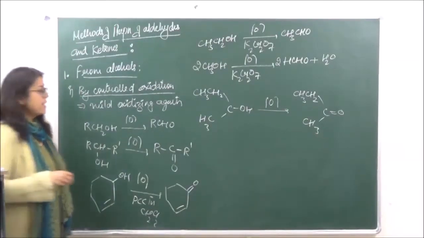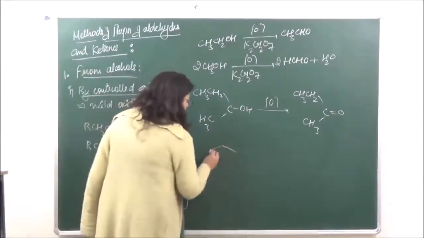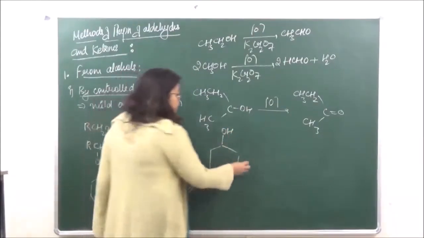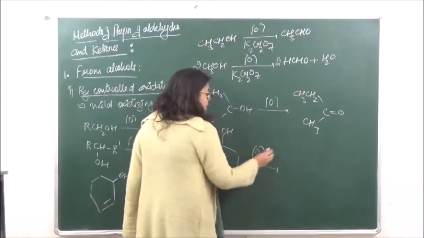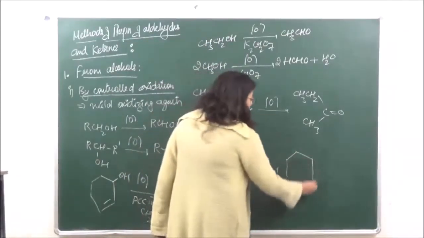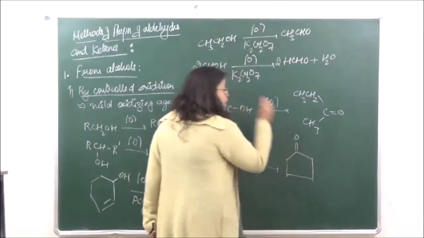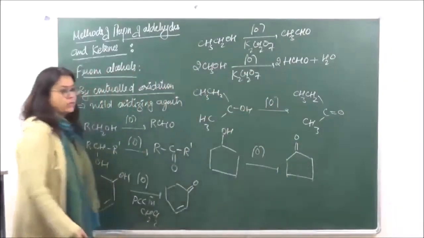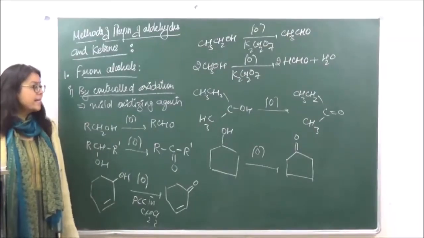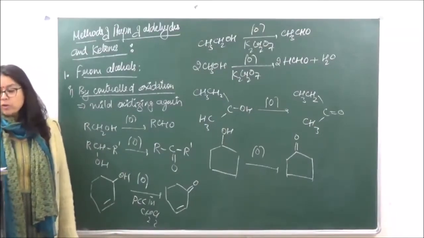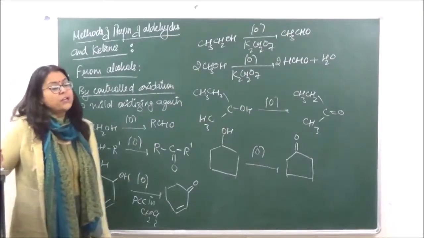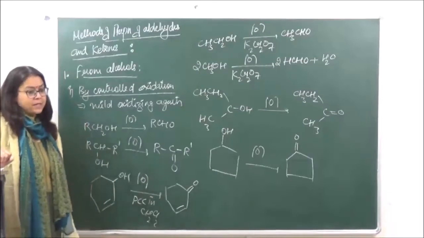And if we have a cyclic compound of the type OH, if we are doing the oxidation of this, this is cyclopentanol, it is going to give us cyclopentanone. So cyclic compounds over here, if the OH is directly attached to the cycle, it is going to be converted into its respective ketone and not aldehyde.